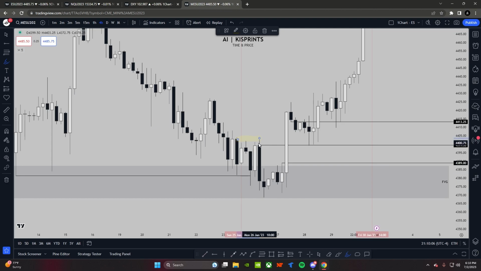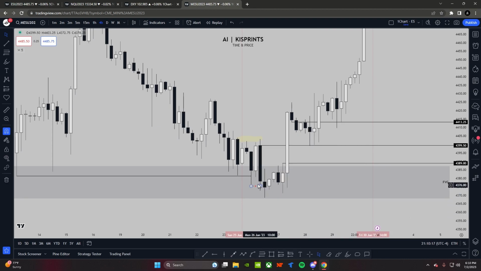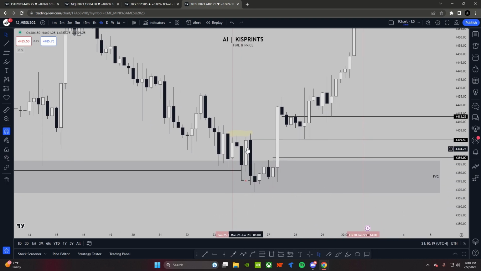And then after that, we want to take out a higher low. So for a bullish example, we take out this low, right there. We took out that low. This would meet the second part of our criteria for our order block setup.